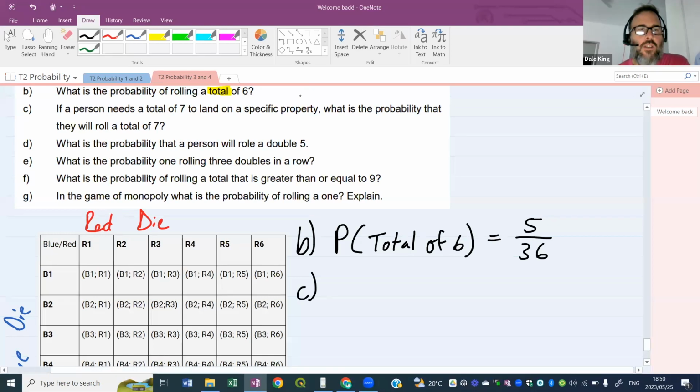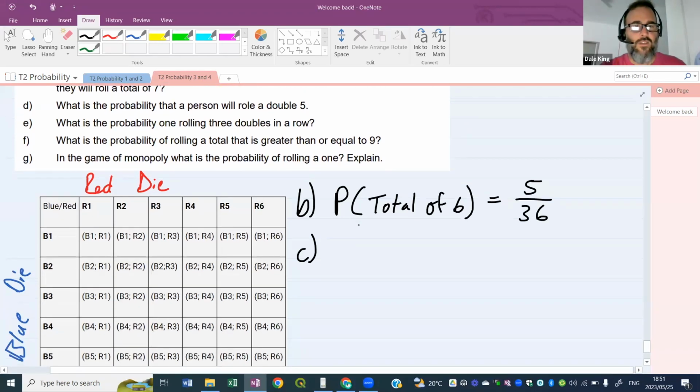If a person needs a total of 7, when they roll 2 dice, a total, so you add it up, you need a total of 7. What's the probability? Oh, is that what Sonia's doing? She's answering the next one. I just realized now Sonia's answering the next one. She's answering question C. Oh, Sonia, you're too fast for us.